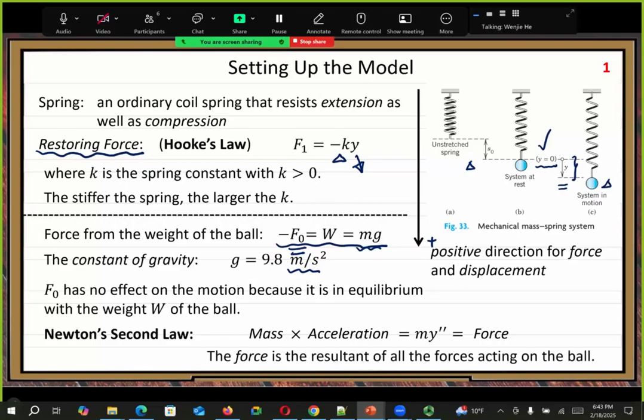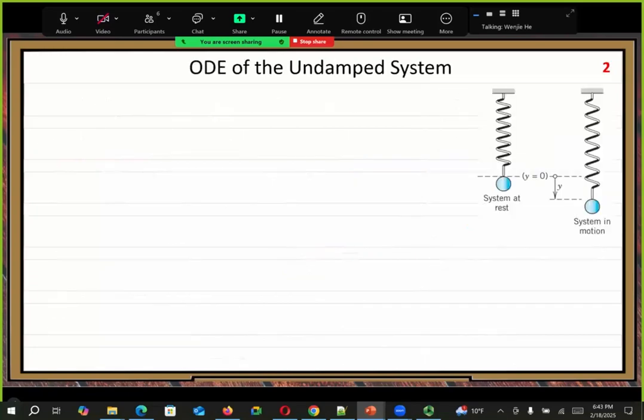The force is the resultant of all the forces acting on the ball, but here we do not consider F0.